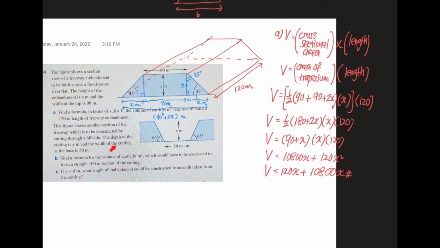And the width of the cutting at the base is 50 meter, which is here to here, 50 meter. Find the formula for the volume of earth in meter cube, which would have to be excavated to form a straight 100-meter section of the cutting.